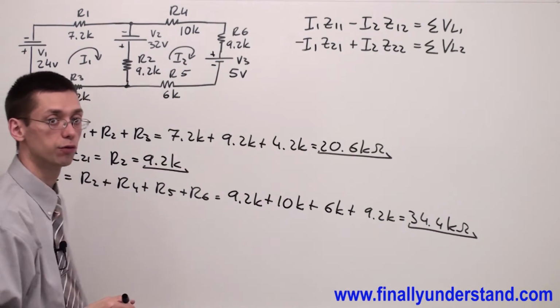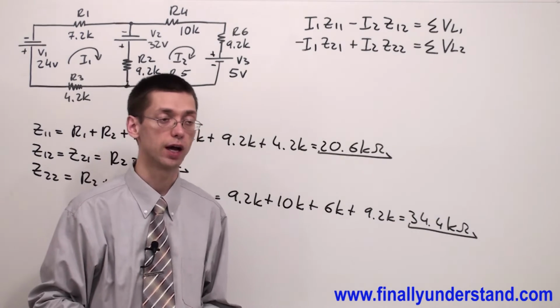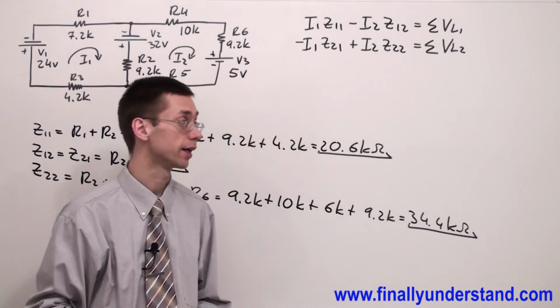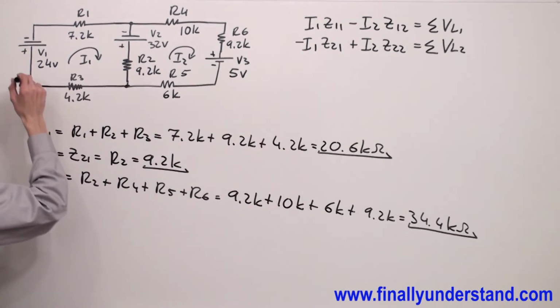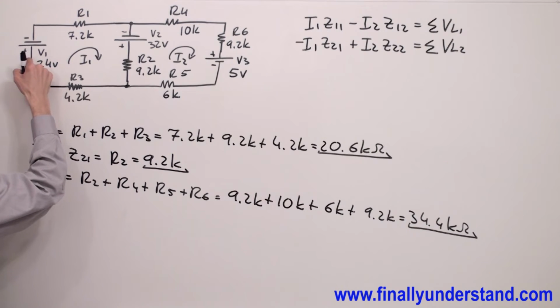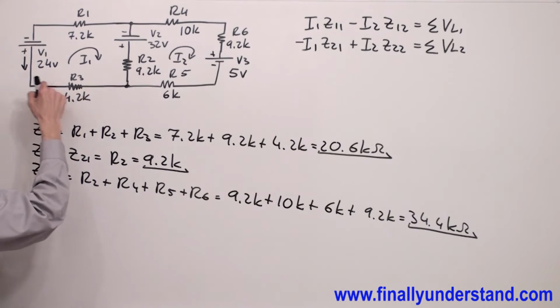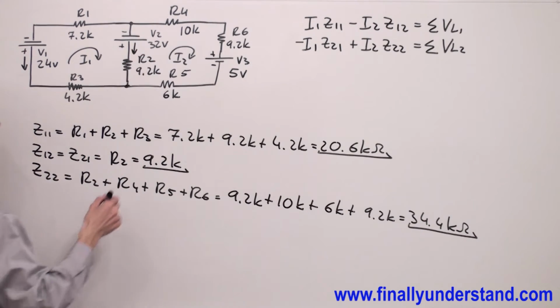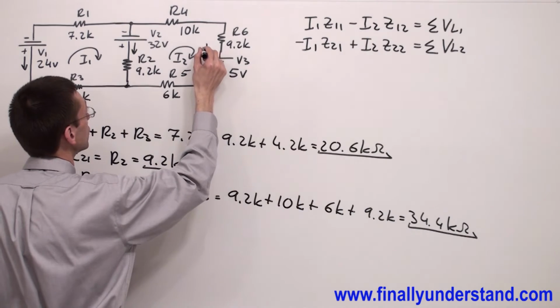We use the conventional current flow, which means we assume that the current flows from positive terminal to negative. That's why I'm going to say that this voltage source is going to push the current in this direction. This one is going to push down, and this one is going to push current up.